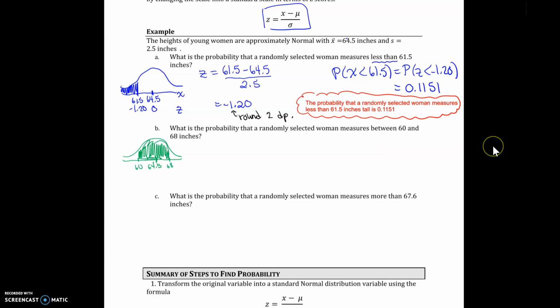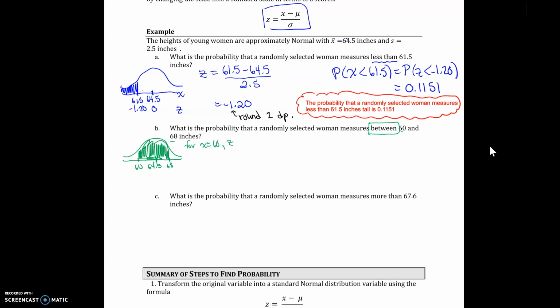Okay, again, because it's a between question, I'm going to use the same approach as if it was a between question just involving z-scores. What's different here is that I'm going to have to find the z-score associated with each of my x values. So for x equals 60, we calculate our z-score.